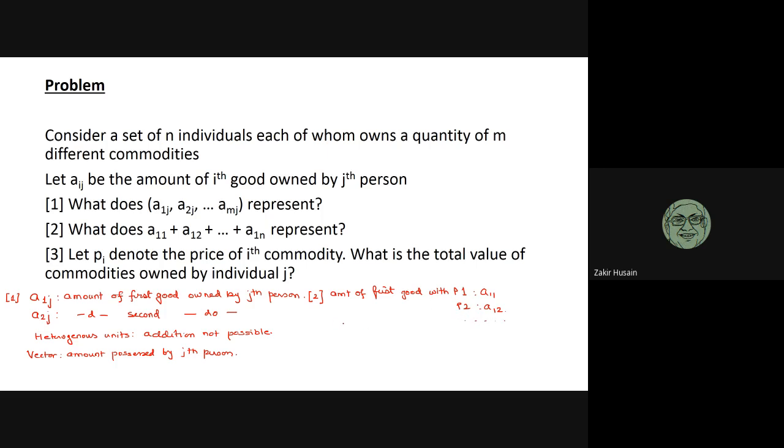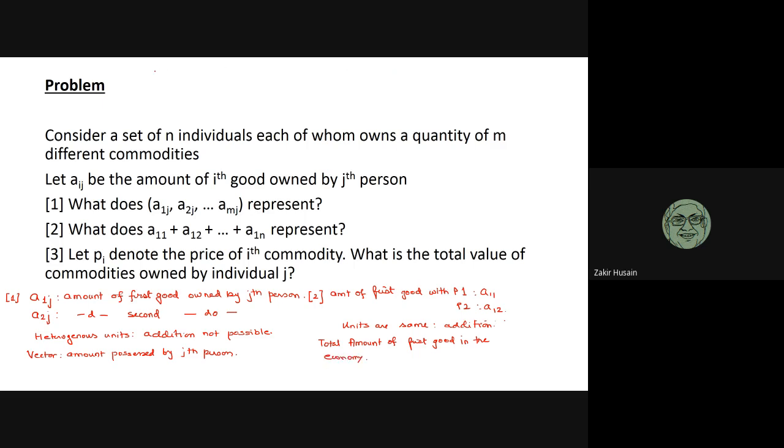So now the units are the same, and therefore addition is possible. And if we add them up, we get the total amount of first good in the economy.